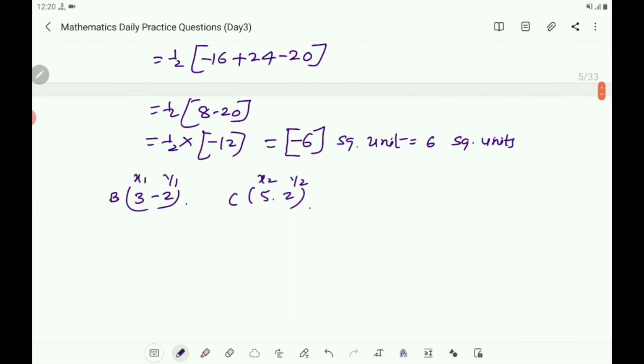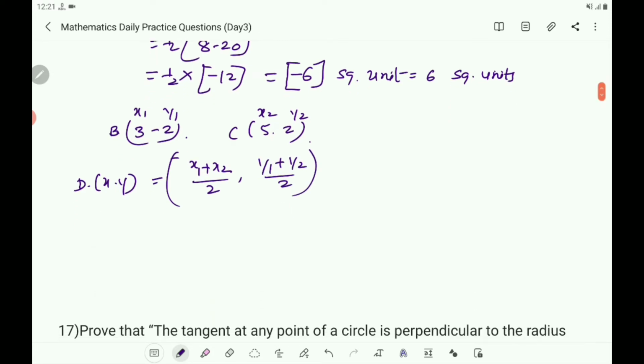So D(x, y) equals, you know that the midpoint formula is (x1 plus x2) by 2, (y1 plus y2) by 2.